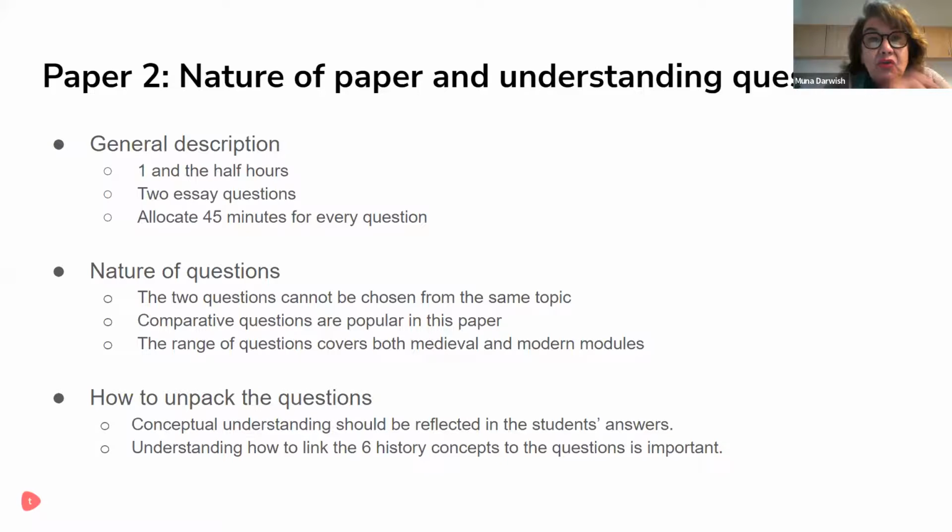And the topics covered by paper 2, as for paper 3, give us a huge range of historical epochs from medieval to modern times. So this is a huge strength of the course. Some of you might remember when we used to have 2 history courses, a medieval one, and a history of the Islamic world.